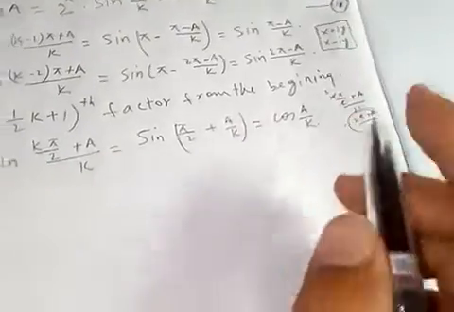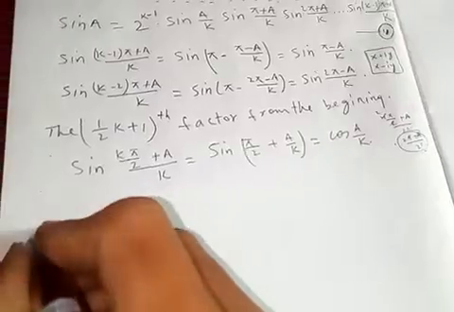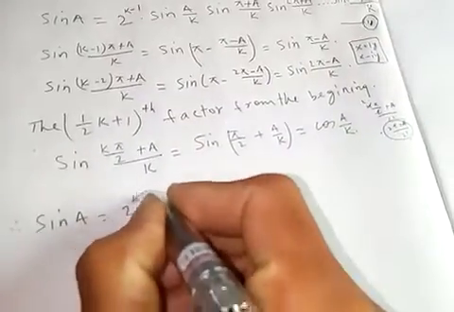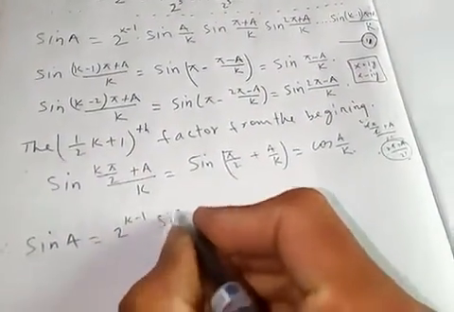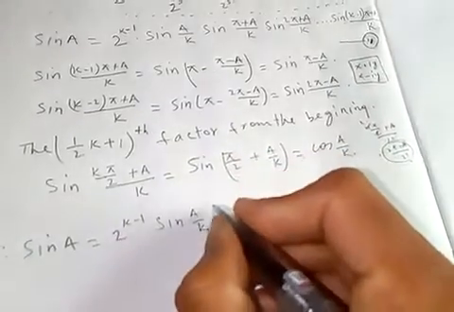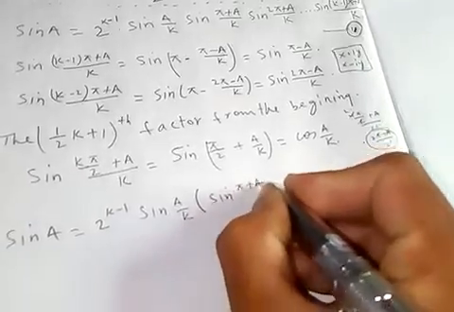Okay, now if I combine that one, what we will get is sine A is equal to 2 to the k minus 1, this one, and sine of A over k, because this one didn't have a conjugate pair, and sine of pi plus A over k.